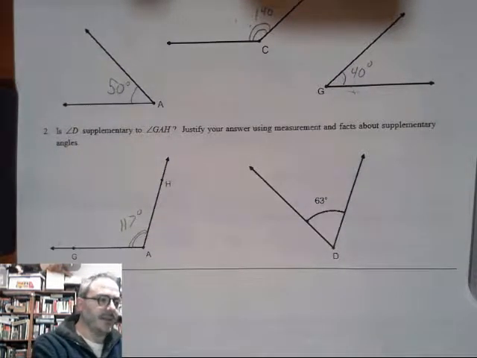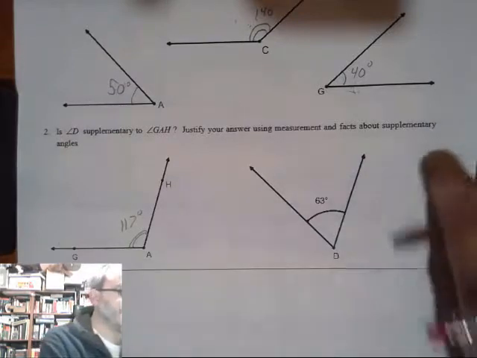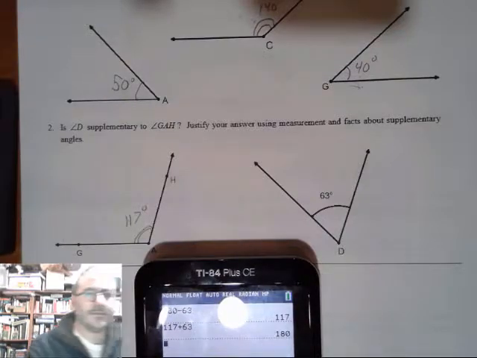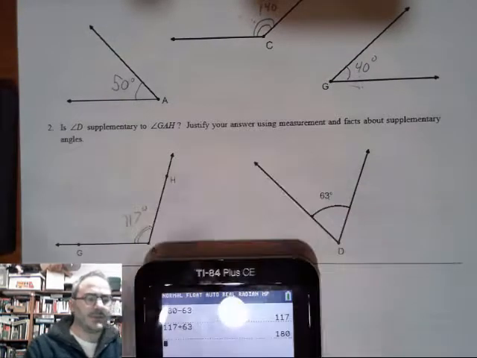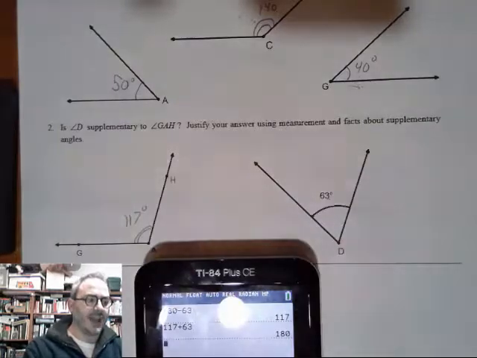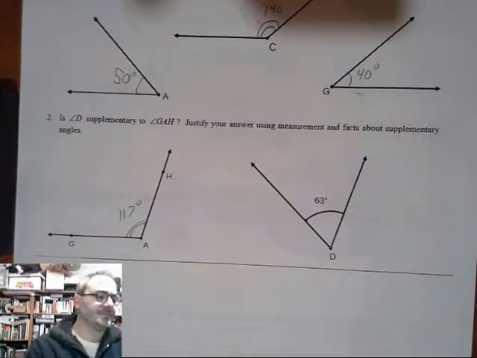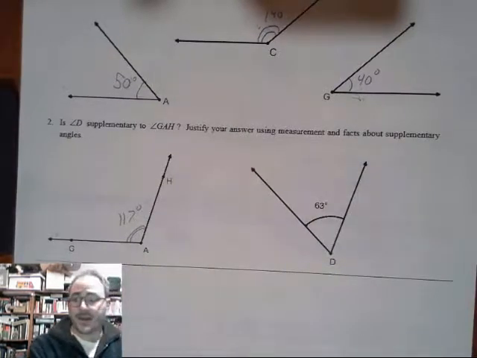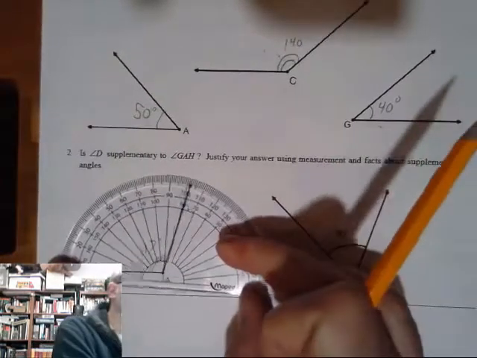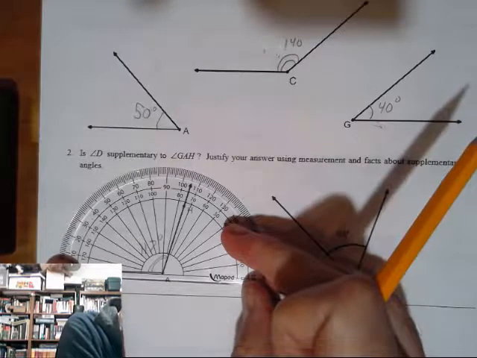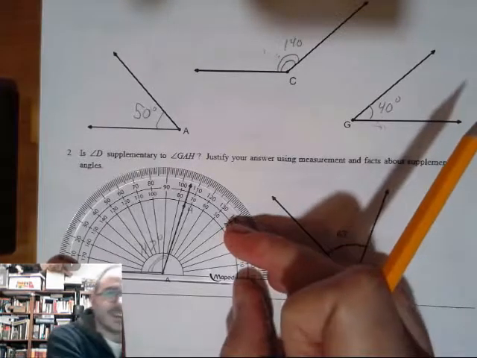That's the only way for 117 plus 63. If this one's 63, that has to be 117 because only 117 will add back up with 63 to be 180. I could do it that way. I could find it using my geometry skills, or I can actually measure with a protractor. And do you see this? Well, the Regents will do this all the time.